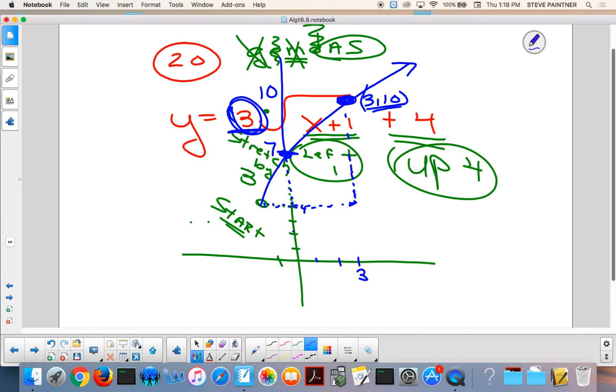So put 3 in for x, right? 3 plus 1 plus 4 multiplied by 3 equals the y. What's y? 10. And then you just check it quick. What's this? 4. Square root of 4, 2. 3 times 2 plus 4. 6 plus 4.